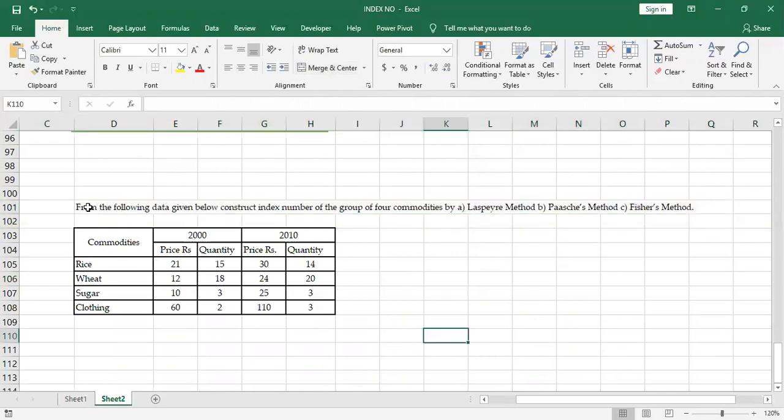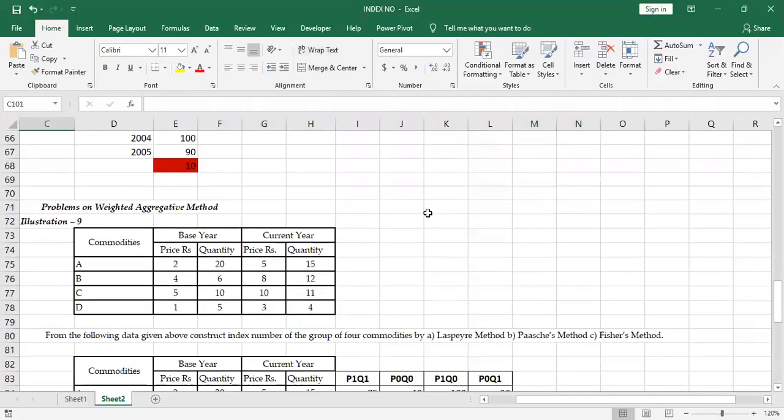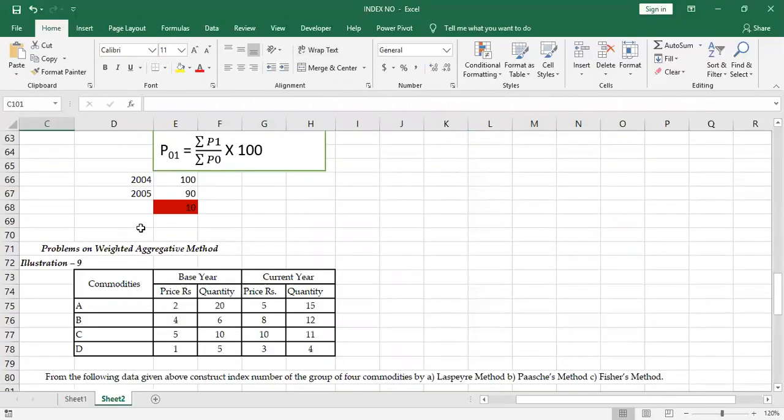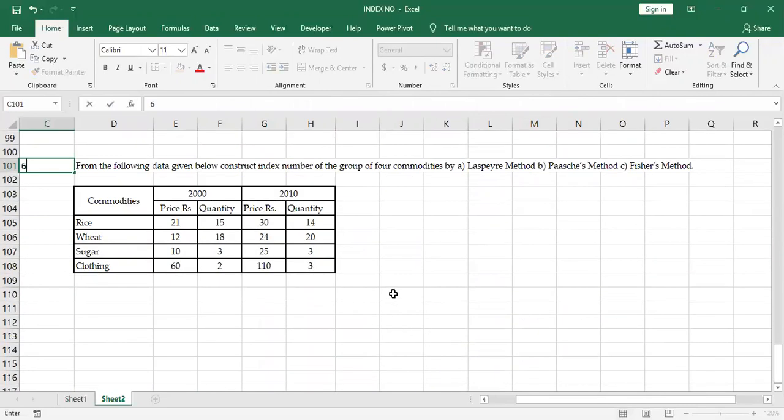From the following data, this was problem number 5, and we'll take this as problem number 6. From the following data given below, construct the index number of the group of 4 commodities.